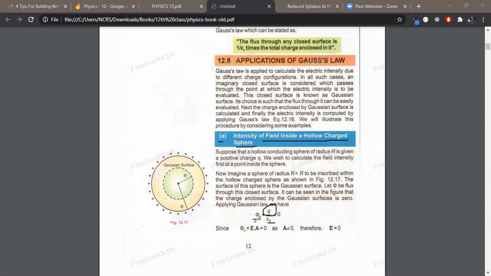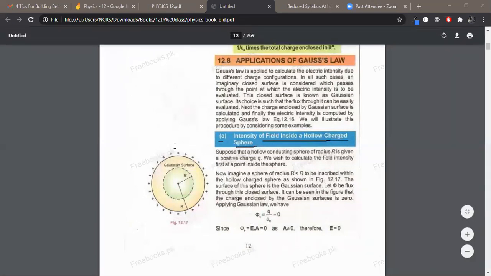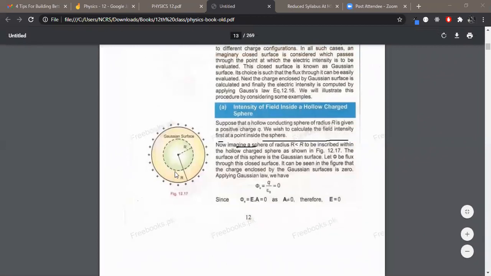And as q is 0, the whole flux of that Gaussian surface will be 0. So we can say that there is no flux present inside a hollow charged sphere, or the electric field in the hollow charged sphere is 0. Fine. This is all about the hollow charged sphere and the flux in it.